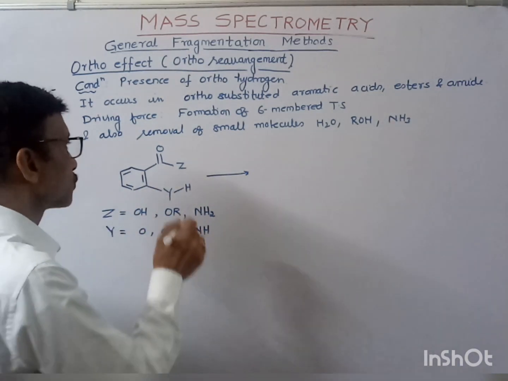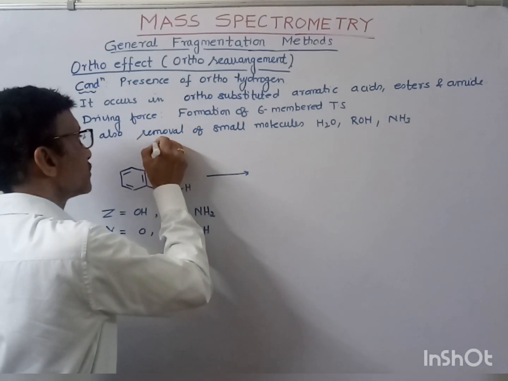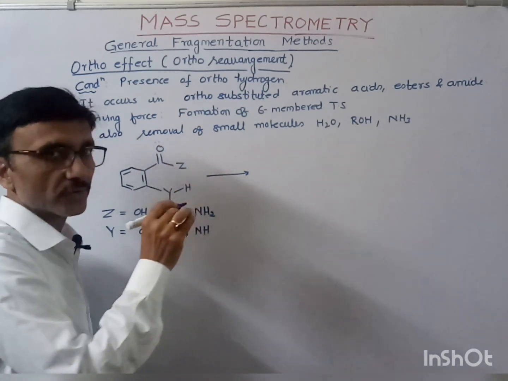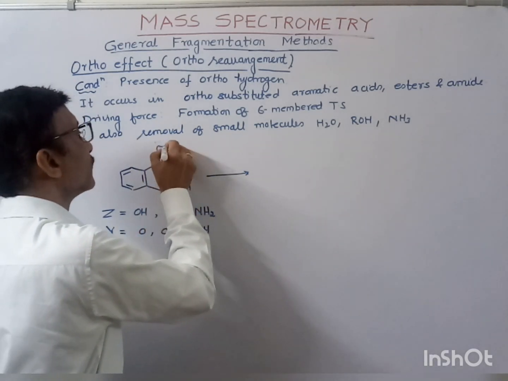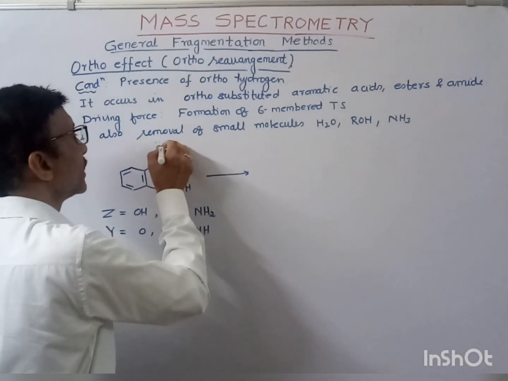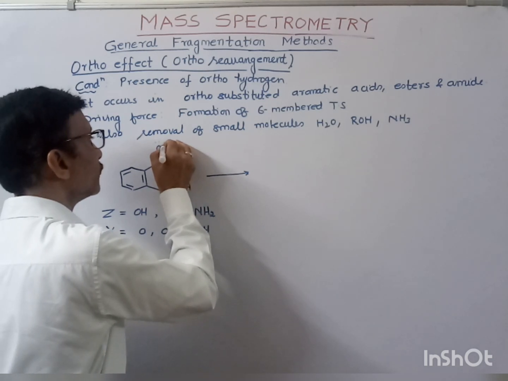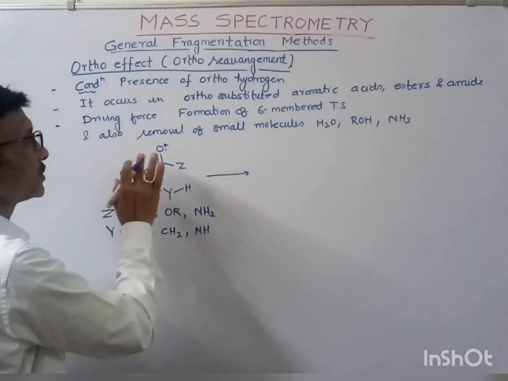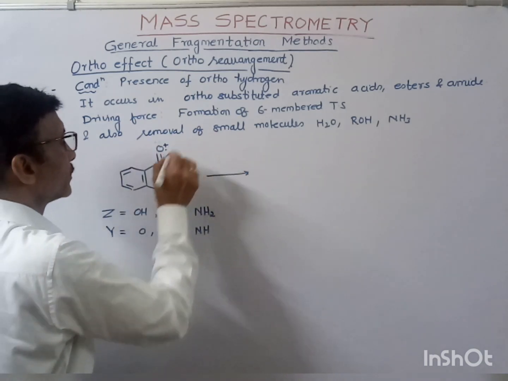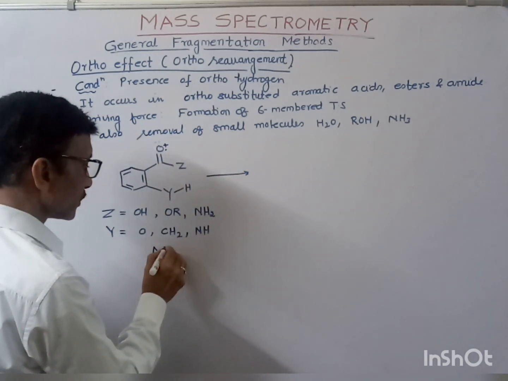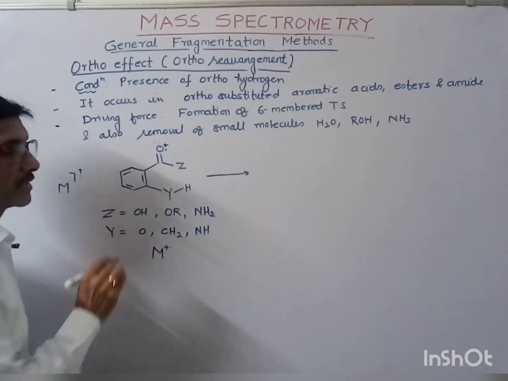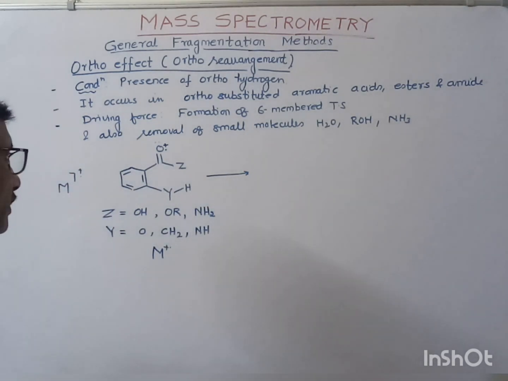We have two lone pairs of electrons on the oxygen atom, and one of them, the most loosely held electron, can be removed like this. So this is the molecular ion, and we may represent this molecular ion in this way or sometimes like this.